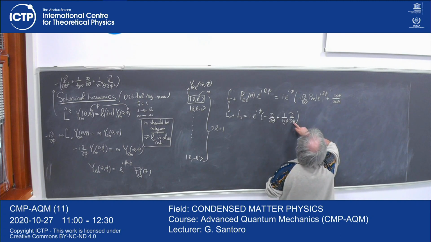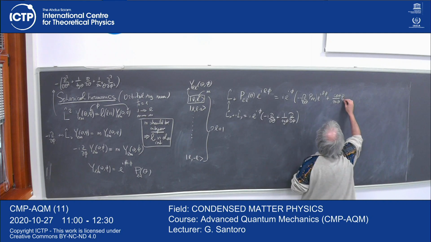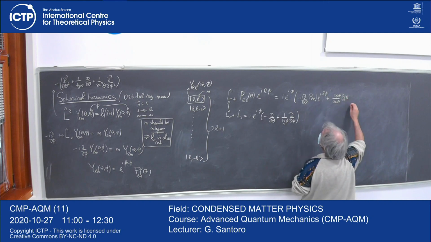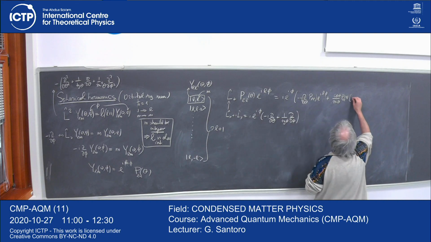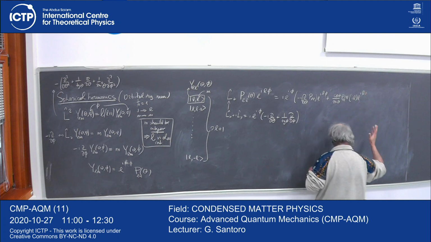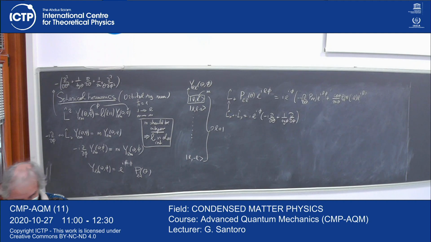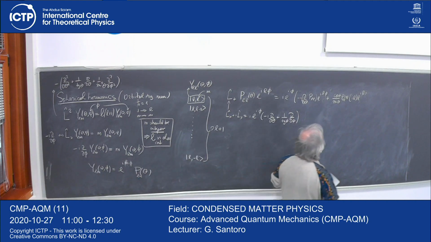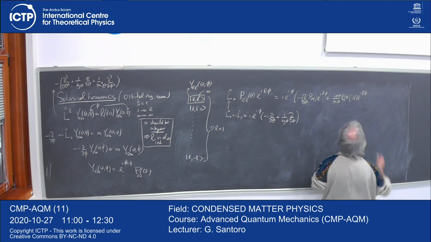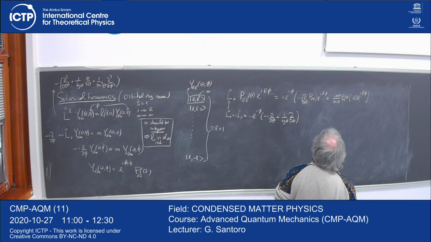The derivative this time applies to the phi term, so I have P_LL of theta times the derivative, which brings down iL, and then you get this. Is it clear? So this is the algebra you need to do.